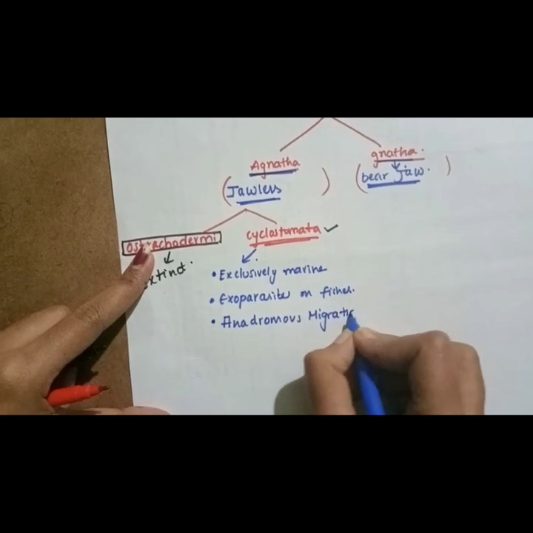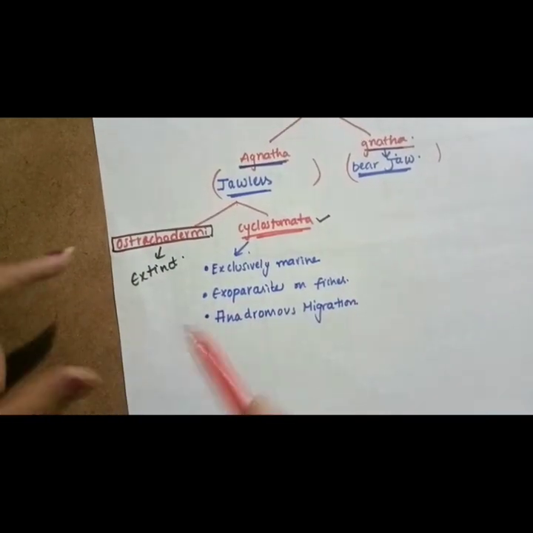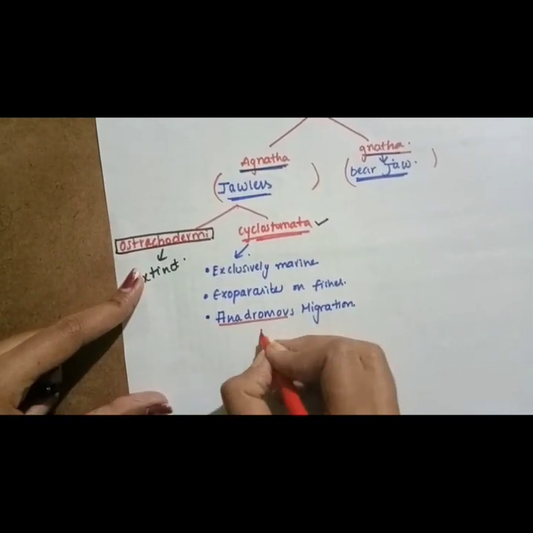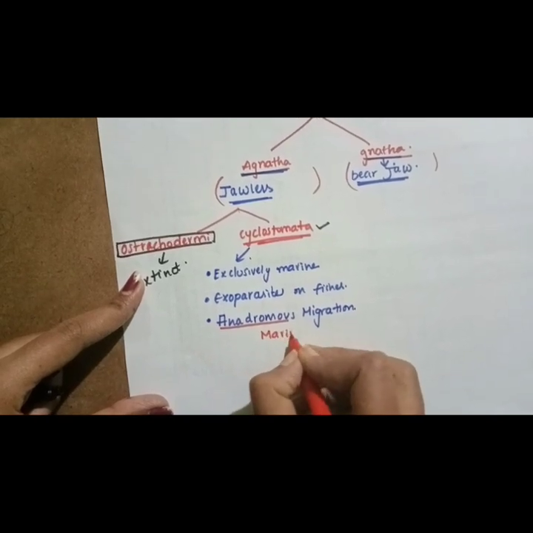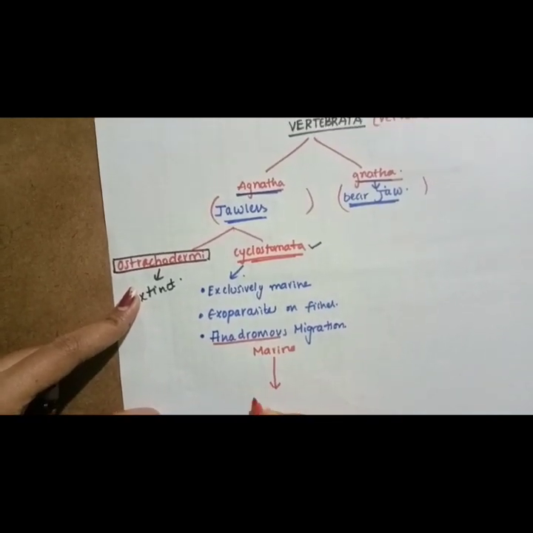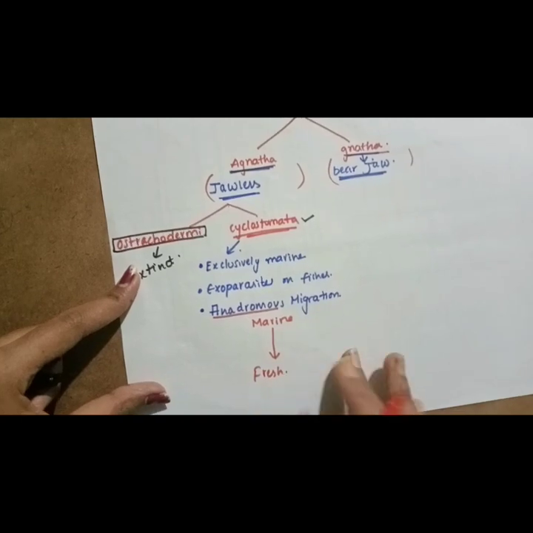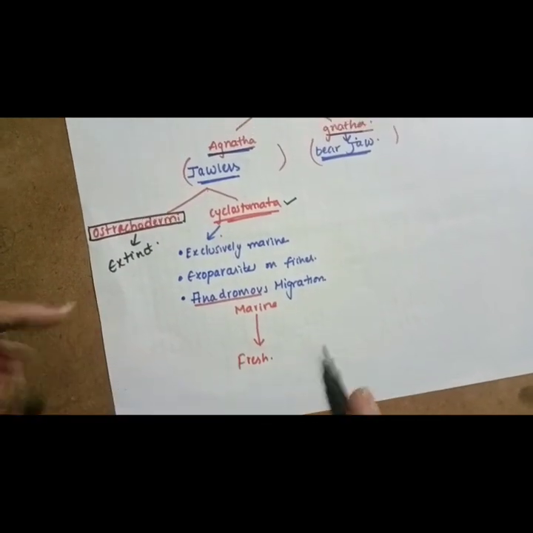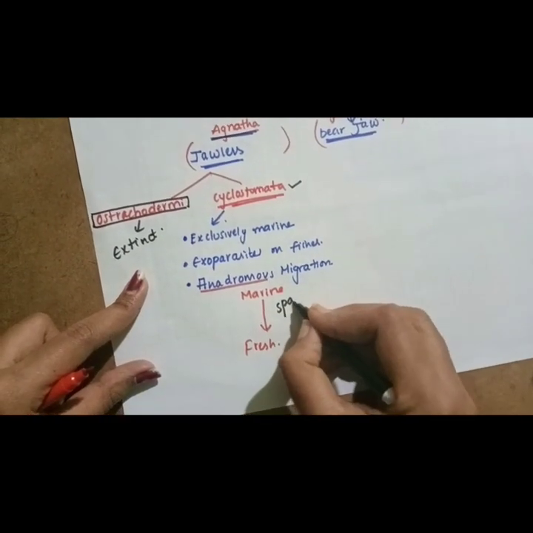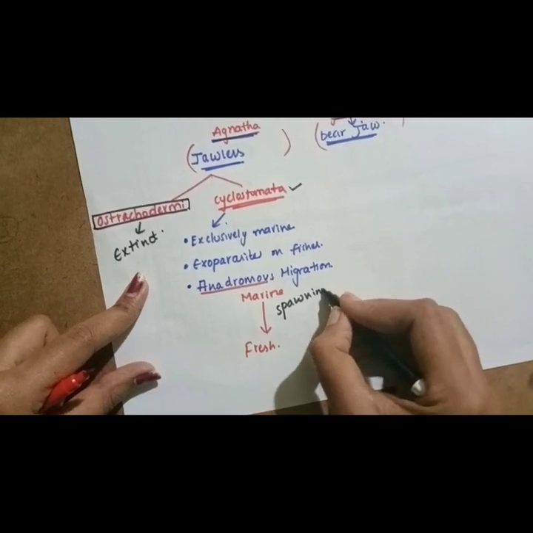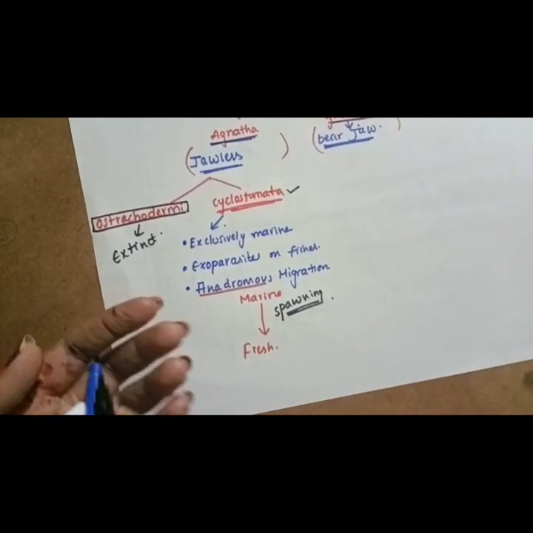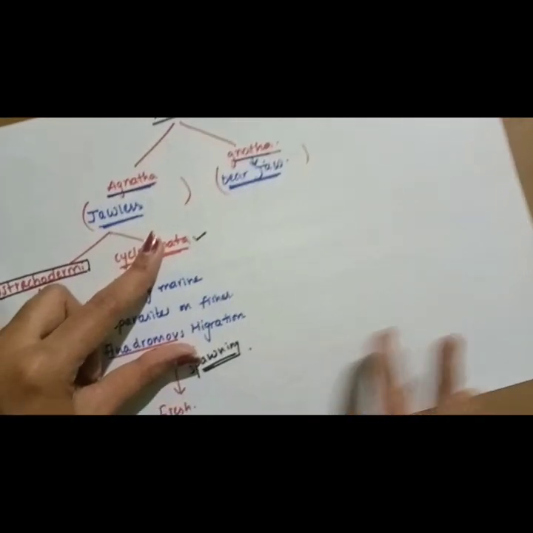Then what is meant by anadromous migration? We know that they are exclusively marine, so they move from the marine to the freshwater during spawning time. Spawning means breeding time, to lay eggs or to give birth. They move to the freshwater.